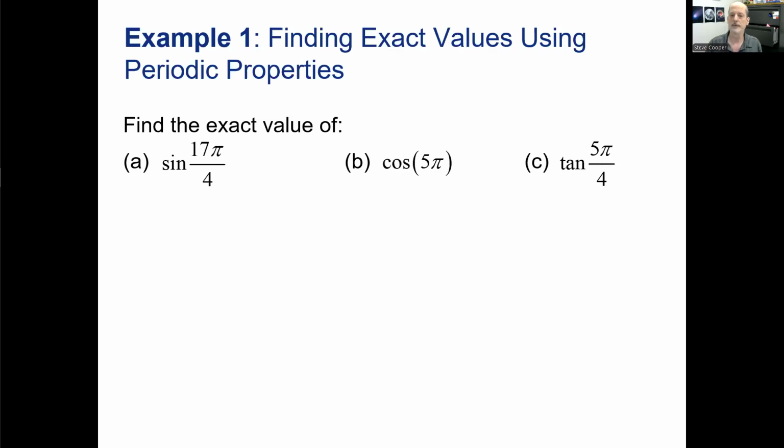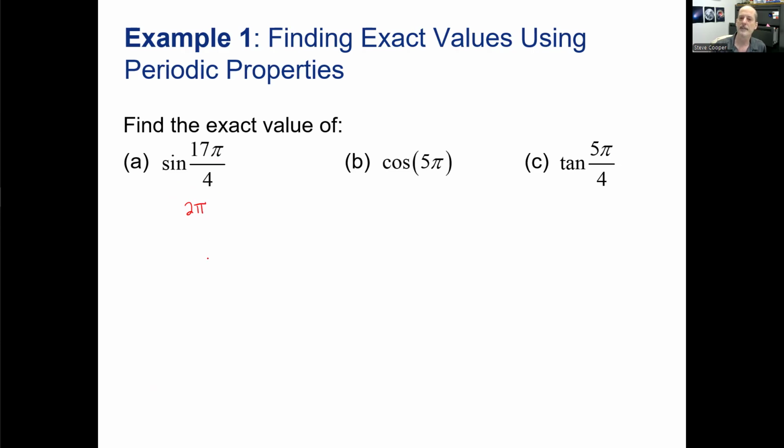Okay, so here's how we're going to put this to use for us. If I look at the sine function, I know that's periodic over 2 pi. So every time I go 2 pi, I'm back to where I was.